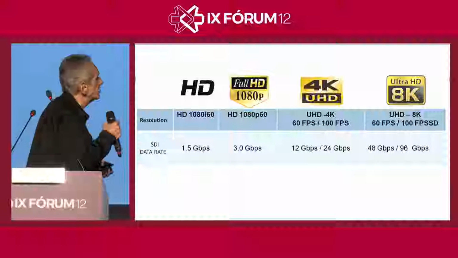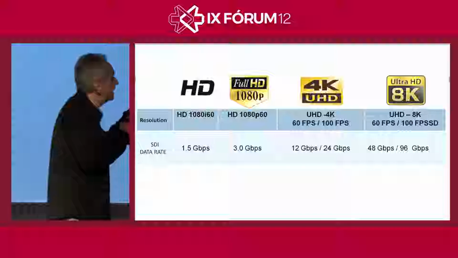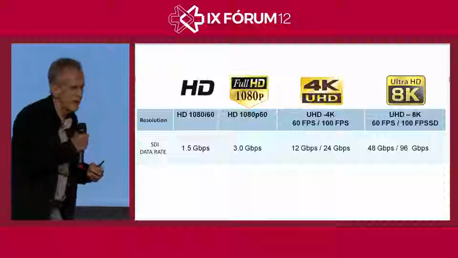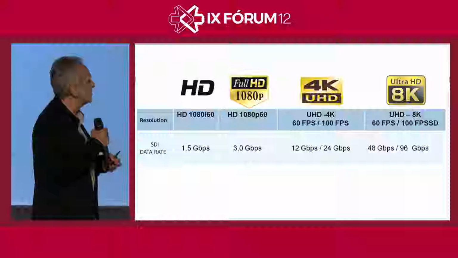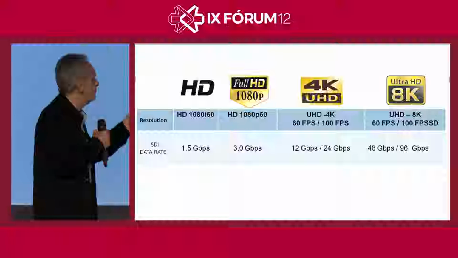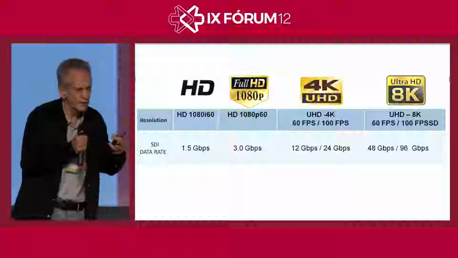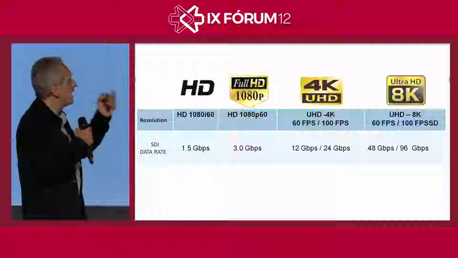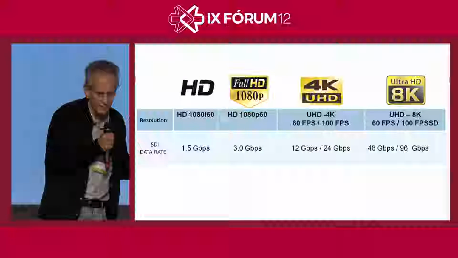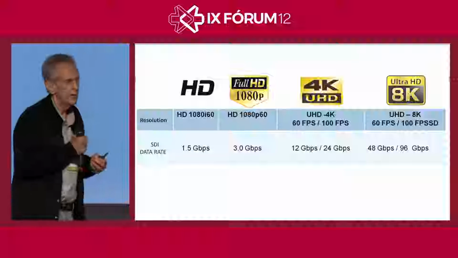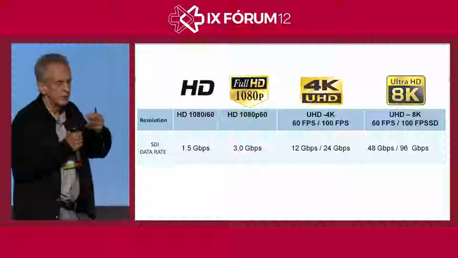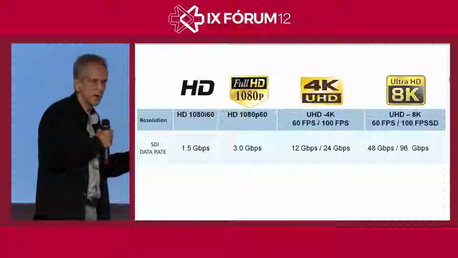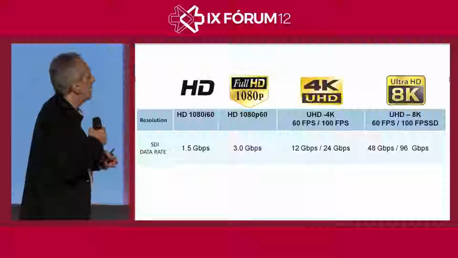Here we have the rates that are used today for HD TV, 1080p. That is what we see in open TV or cable TV. The rate is 1.8 gigabits per second if it's 30 frames. And in the case of 4K resolution, where we already have production and displays of 4K TVs, in some countries of the world they already have open broadcast at 4K.